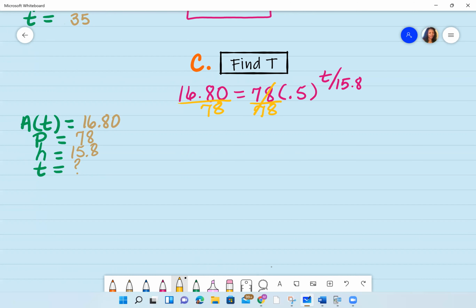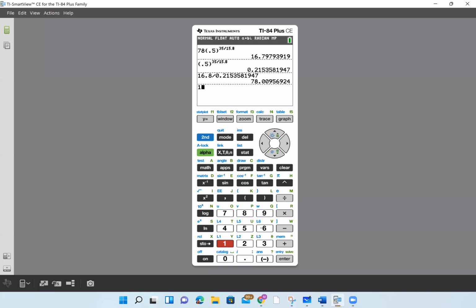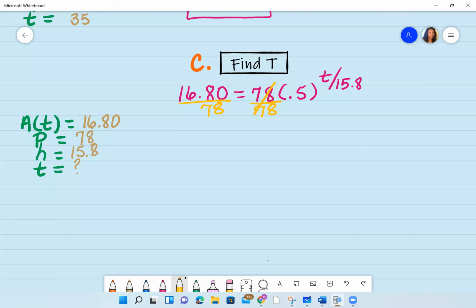So go back to the calculator and type in the 16.80 divided by 78, and it's going to give you that same number, 0.2154. So we'll go back and write that, 0.2154. And this is all set equal to 0.5 raised to the T over 15.8.